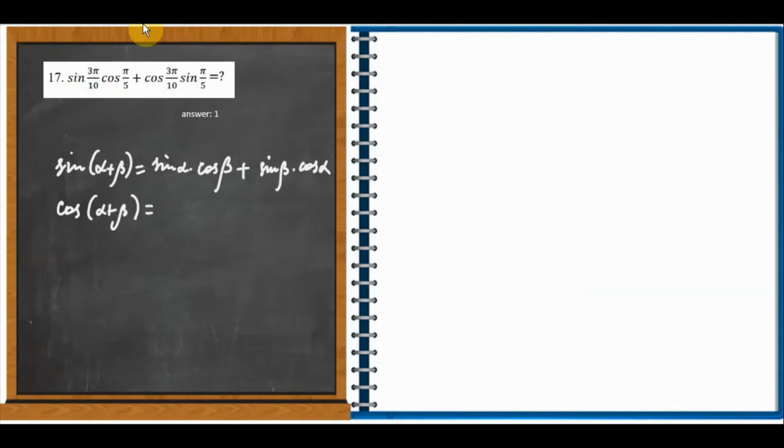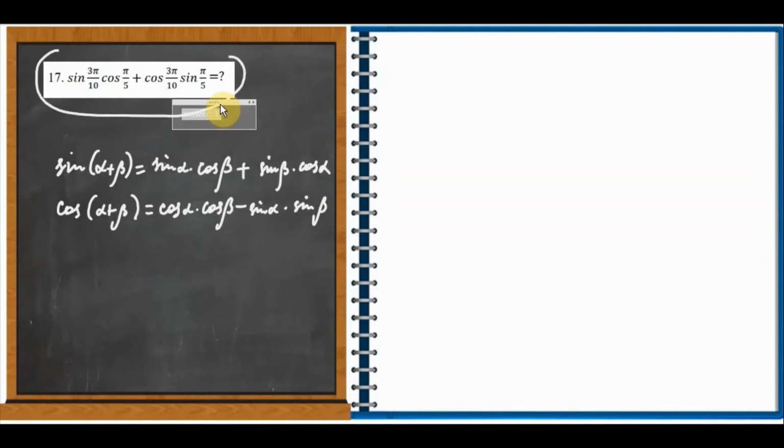It's equal to cosine alpha multiplied by cosine beta minus sine alpha multiplied by sine beta. Now, if you compare them with the question, which formula should we use? The first formula.